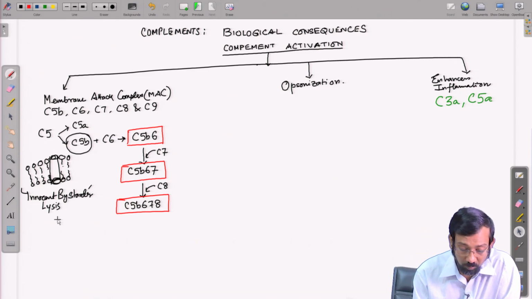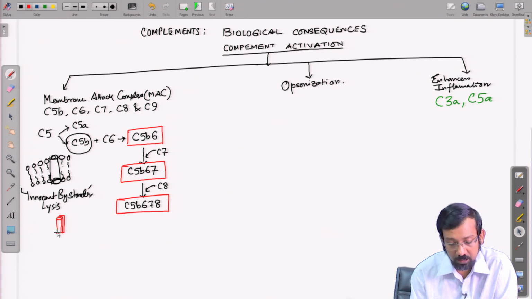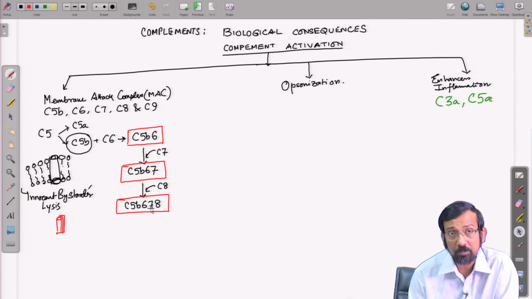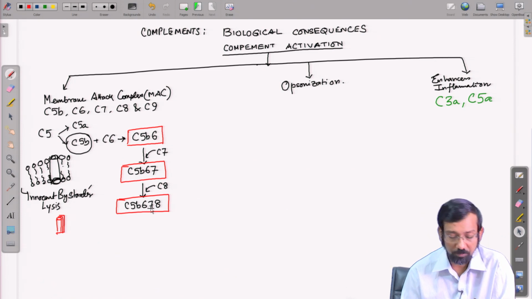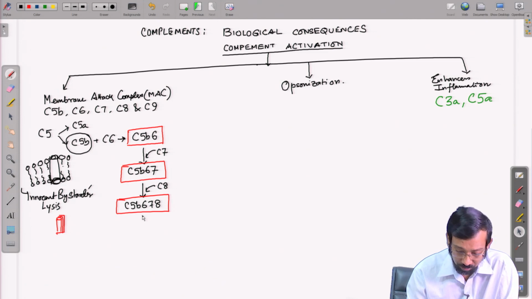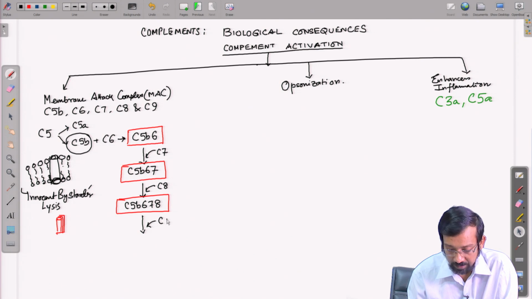They come one after the other and form a tubular structure like this, and the C8, which is now the outermost one, can also undergo a structural transition, and then it allows binding of C9.